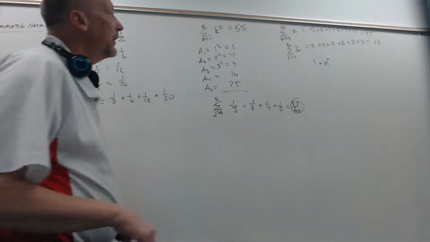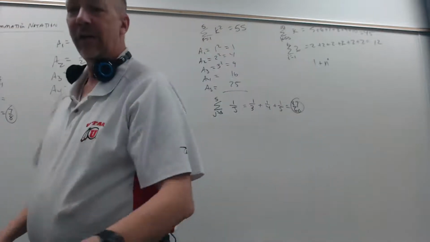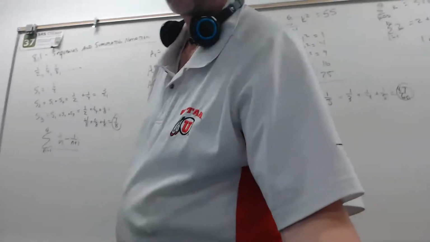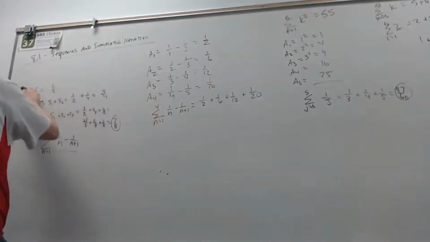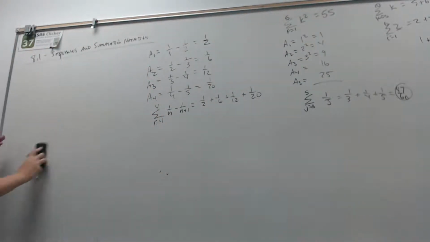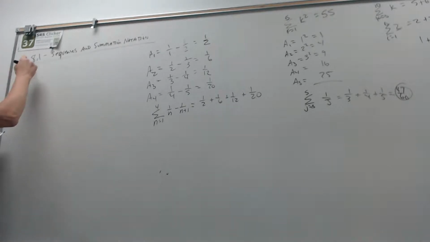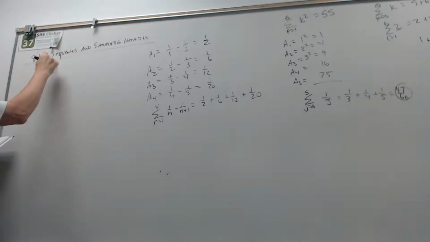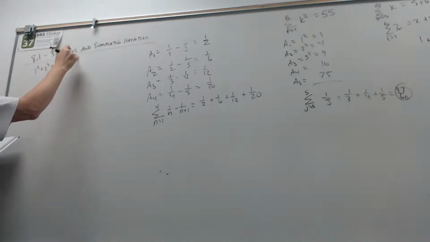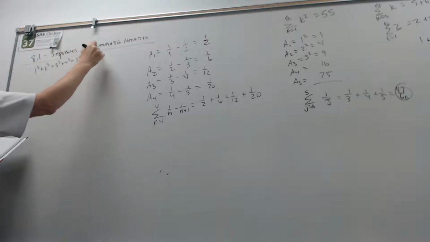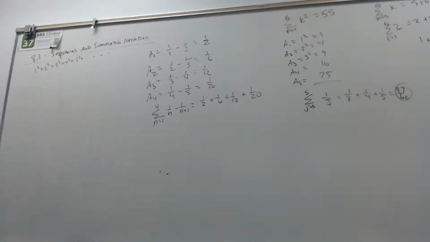Can you do it in reverse? What if I said, and I want you to write in summation notation, that I have a sequence that is 1 cubed plus 2 cubed plus 3 cubed plus 4 cubed plus 5 cubed, etc. Can you write that with a sigma?